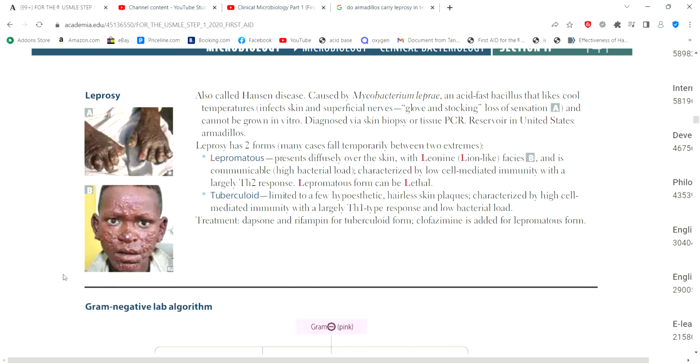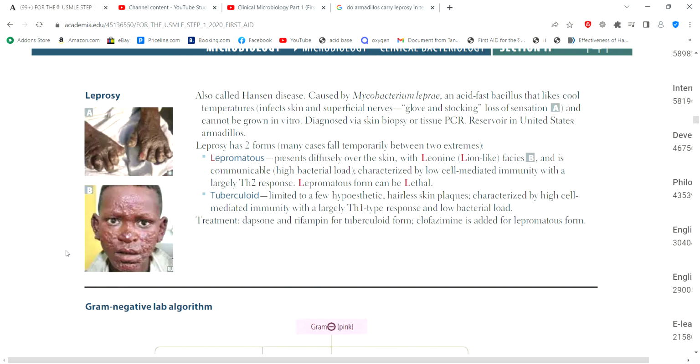So what this means is there are two forms of leprosy. The one that gives you bumps on your face is much more lethal and is associated with a high bacterial load. The patient typically has low cell-mediated immunity, so they have no immunity, with a large Th2 response. That one is very bad.